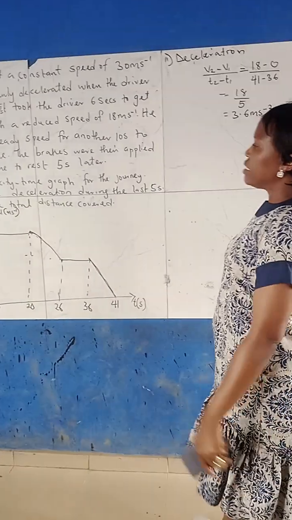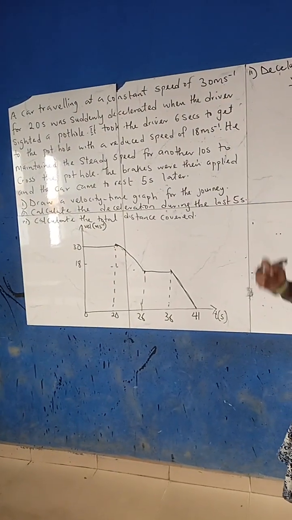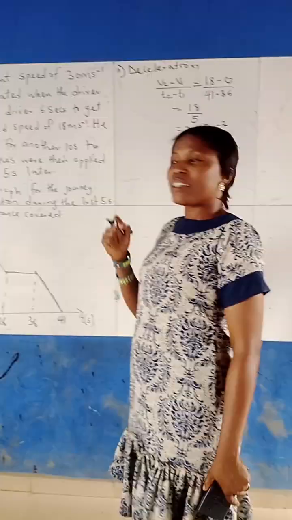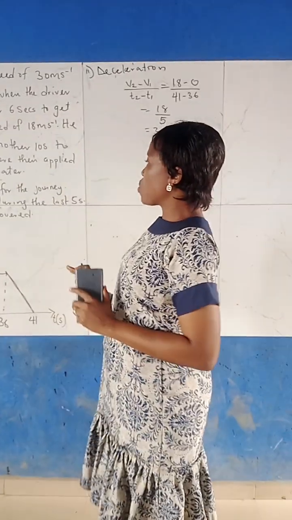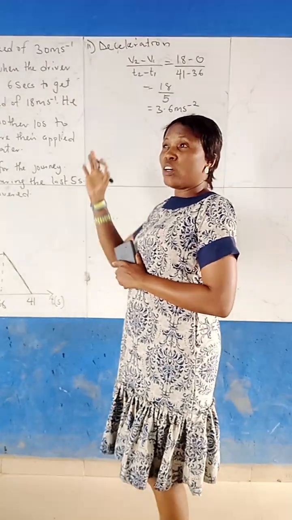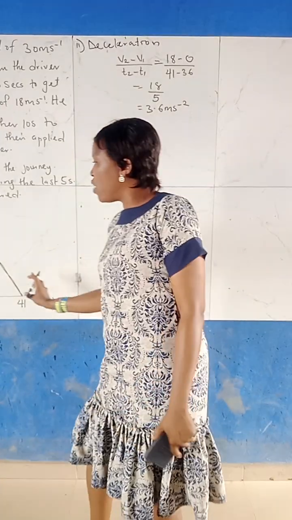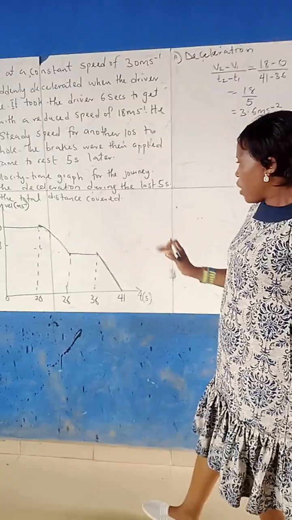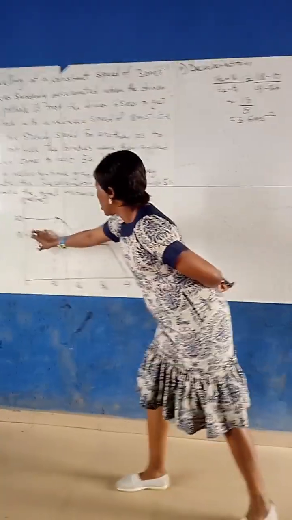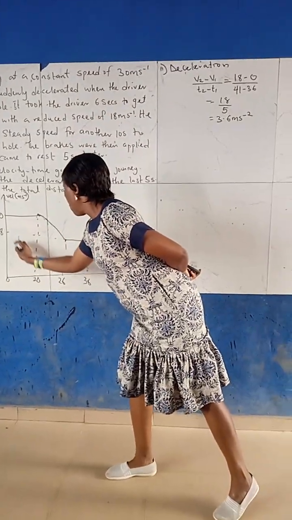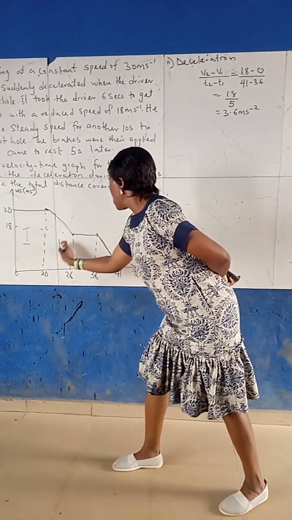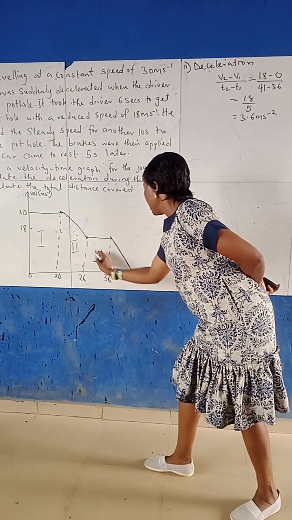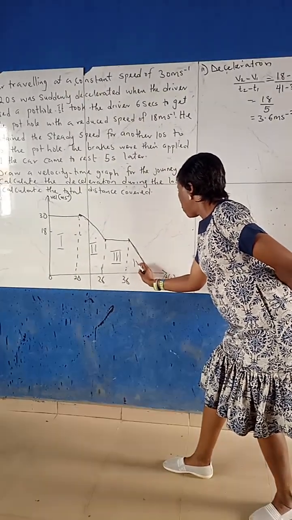With that, I'll be able to answer the first 2 questions. Now, let's look at the last question. We have to calculate the total distance covered. If you are to calculate the total distance covered under a velocity time graph, we are going to find the area of this shape. If you look closely, we have 4 different shapes here: my shape 1, my shape 2, shape 3, then my shape 4.